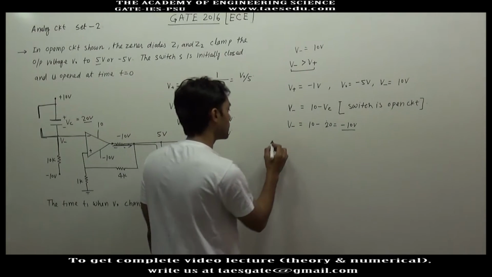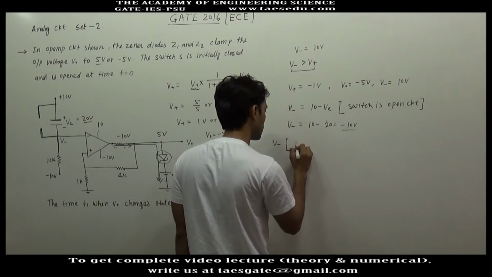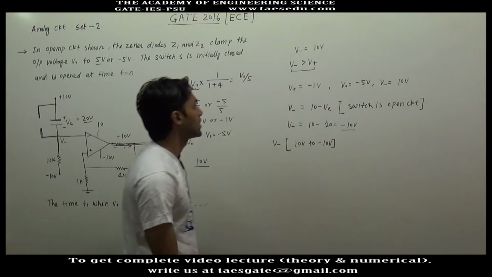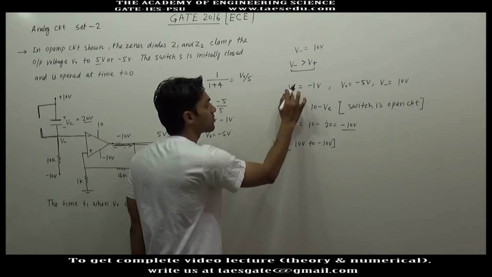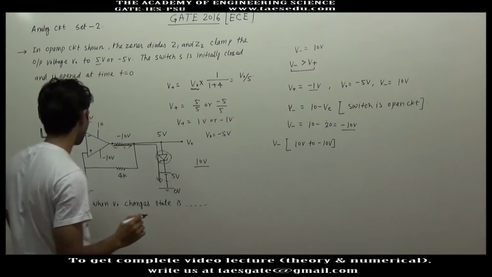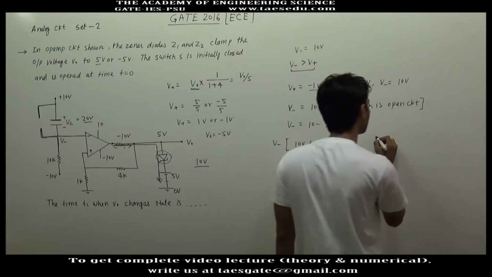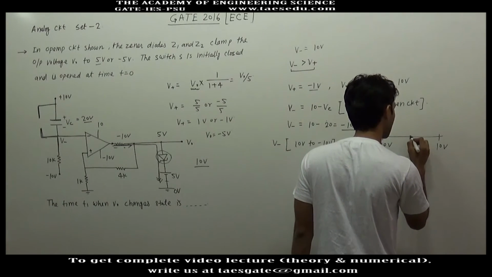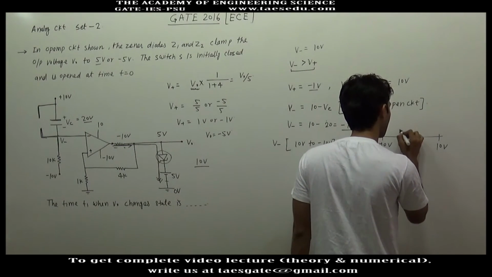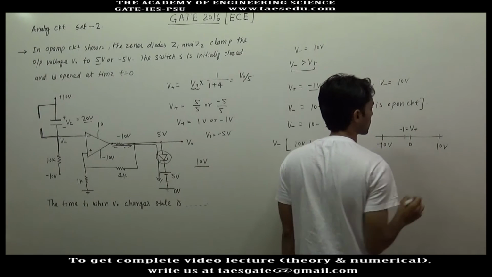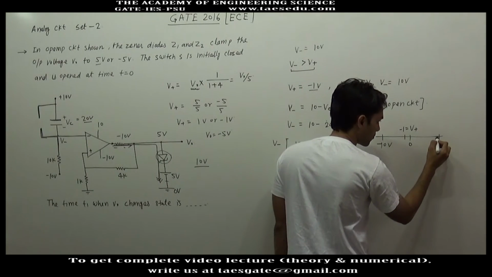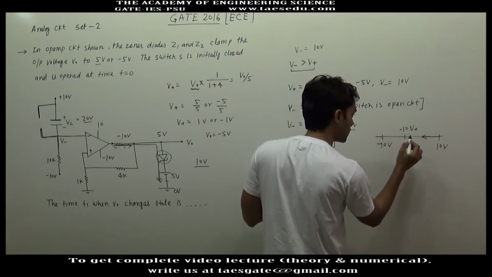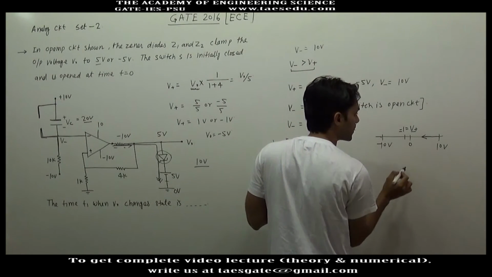So V minus will change from 10 volt to minus 10 volt, and in between V plus is constant at minus 1 volt. So V minus is moving from plus 10 volt to minus 10 volt, and V plus is at minus 1 volt.